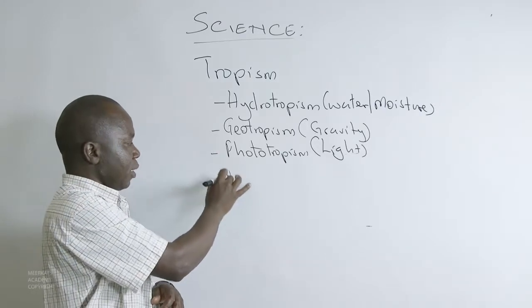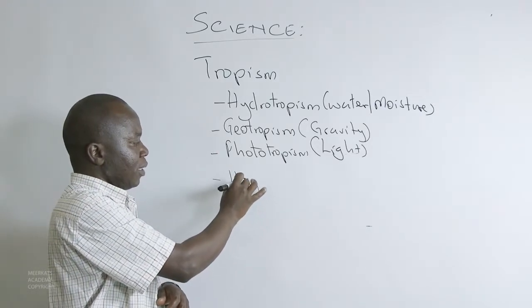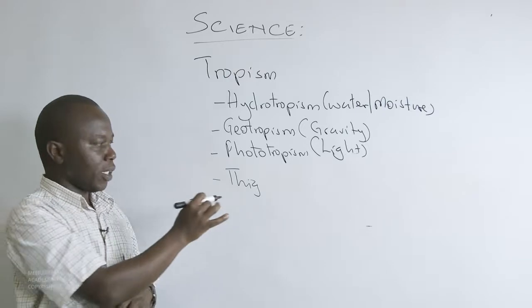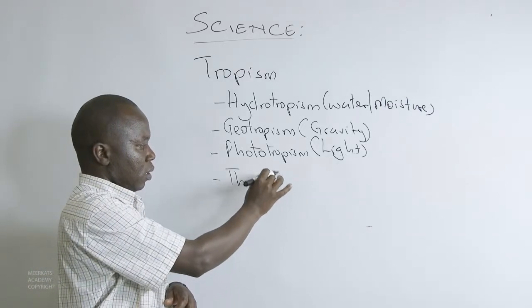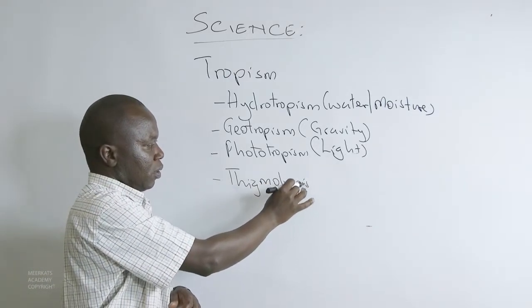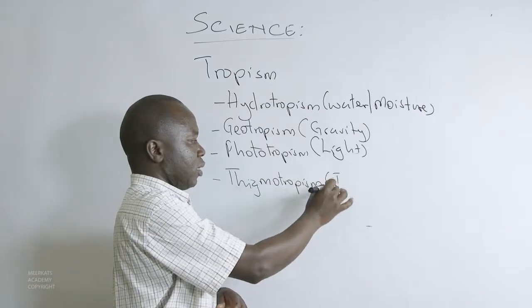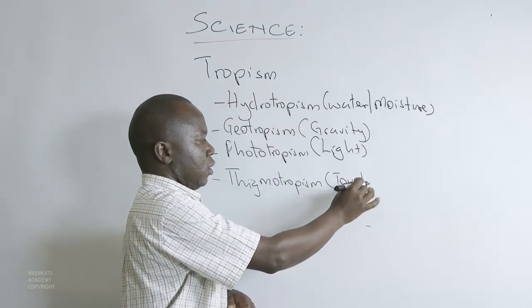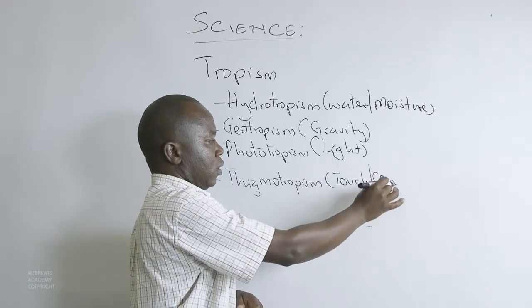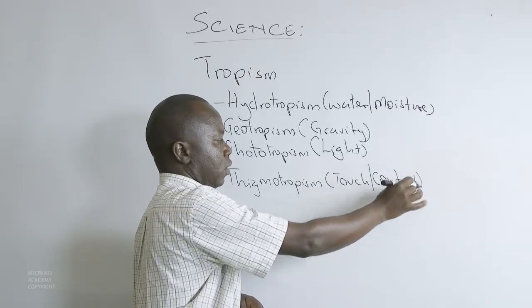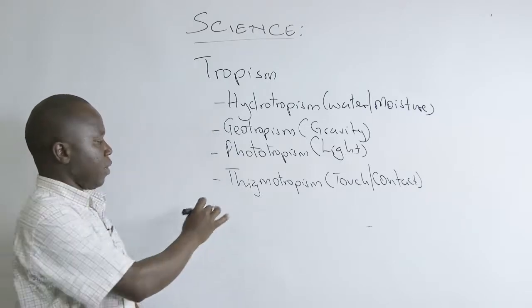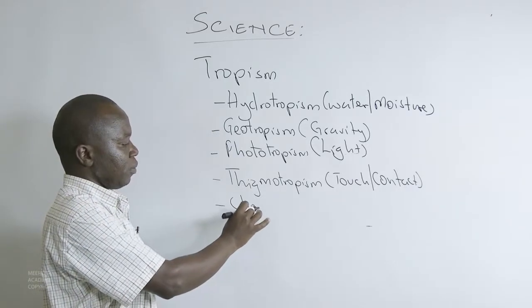We found out that again, plants can respond to touch. That response is called thigmotropism, touch, contact. And then chemotropism.